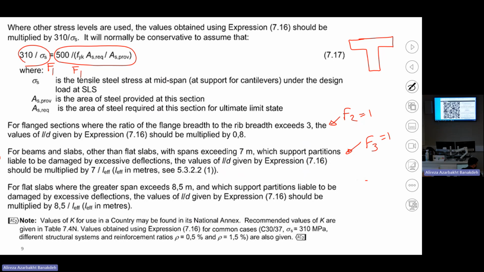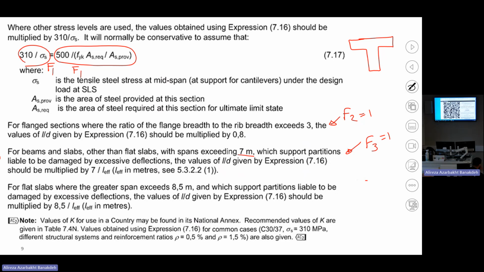F3 is 1 again. What does it say? For beams and slabs other than flat slabs with spans exceeding 7 meters, it's an amplification factor F3 when you have a very long beam. A 7-meter beam is really a long beam, all right? And the deflection is really problematic.